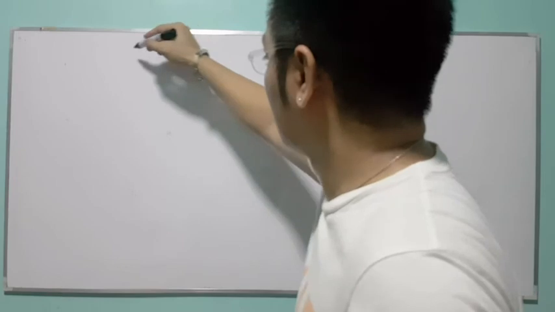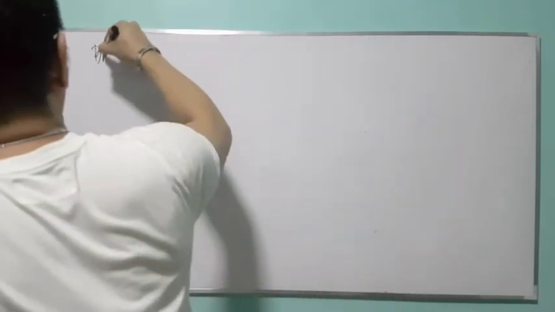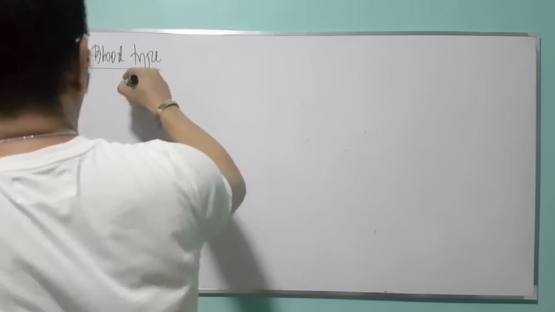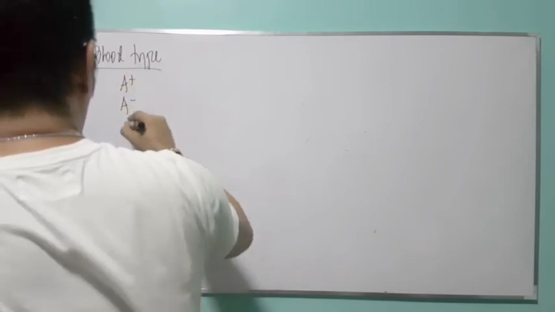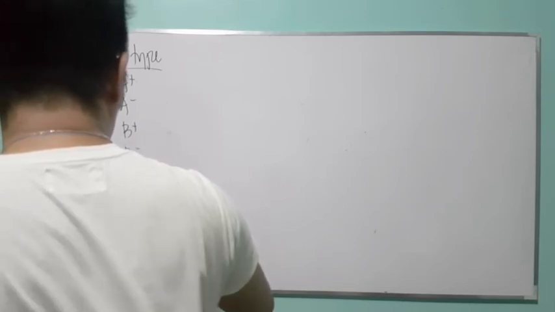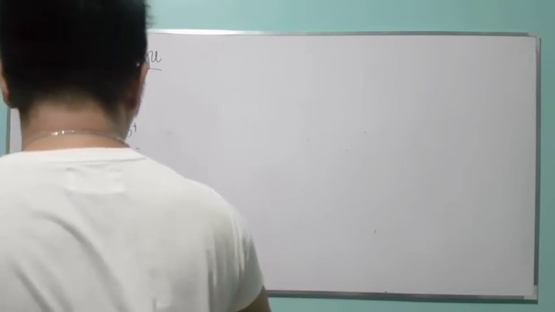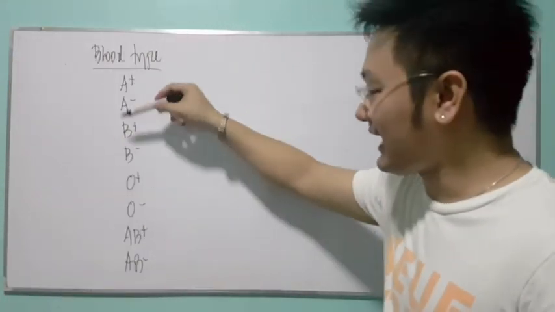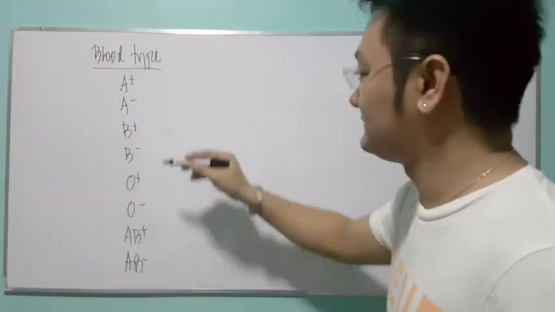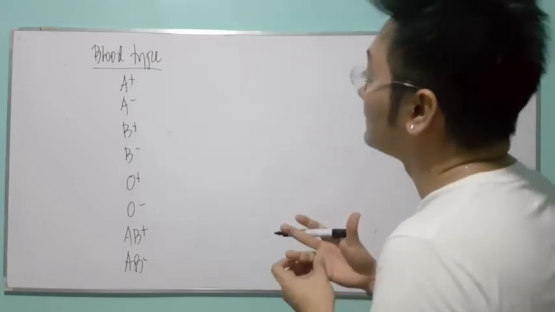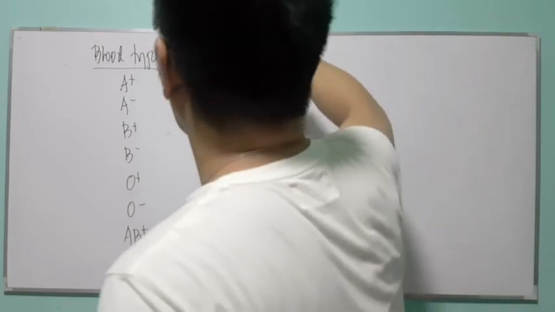Okay? Blood type. A positive, A negative, B positive, B negative, O positive, O negative, AB positive, AB negative. Alright? Remember your A, B, O, and AB.